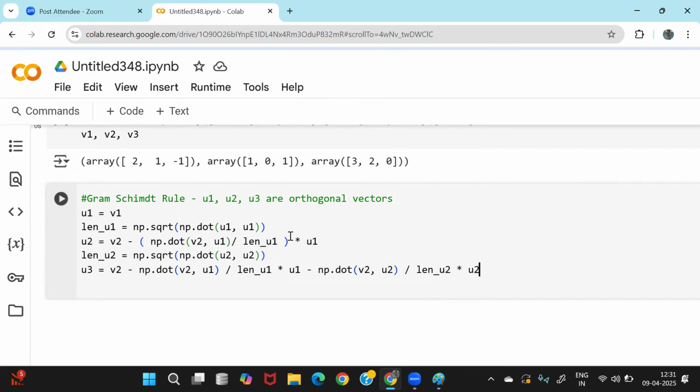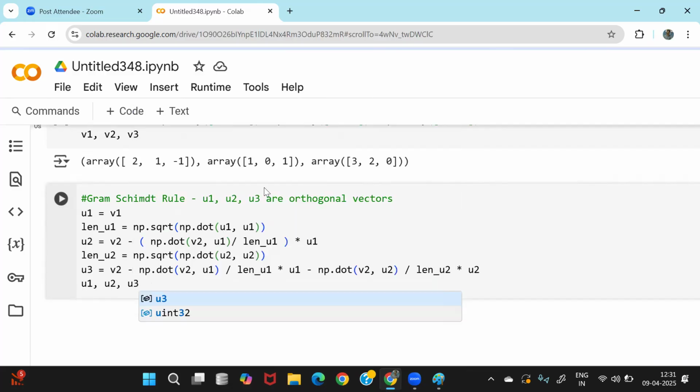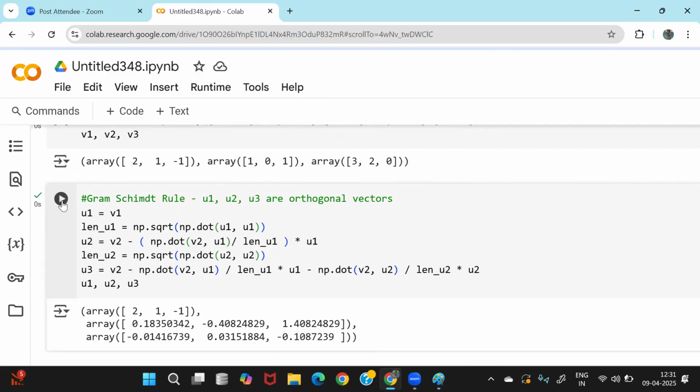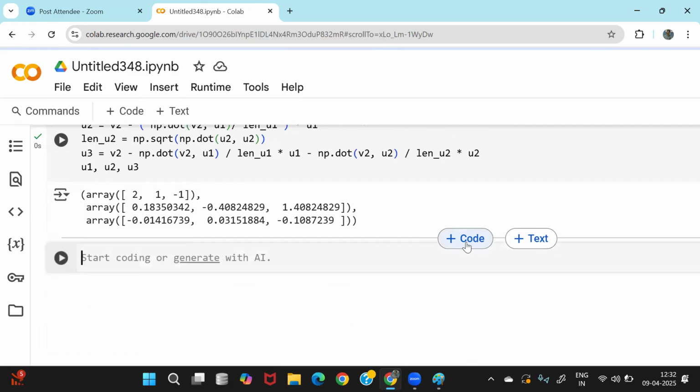Okay. So now you got u1 as well as u2 as well as u3. So these are the values. Okay. Now these are orthogonal vectors.